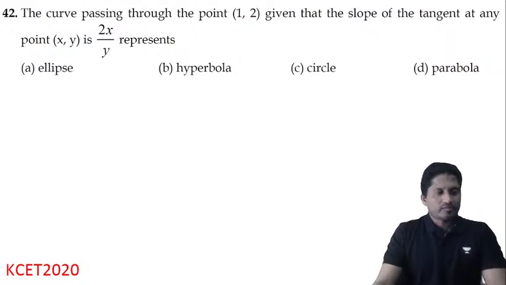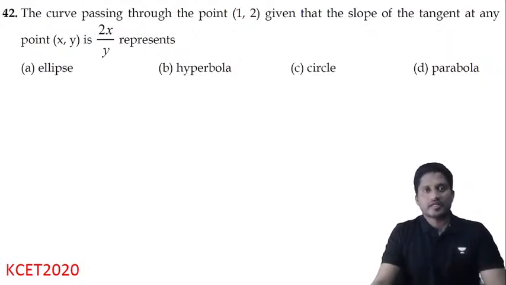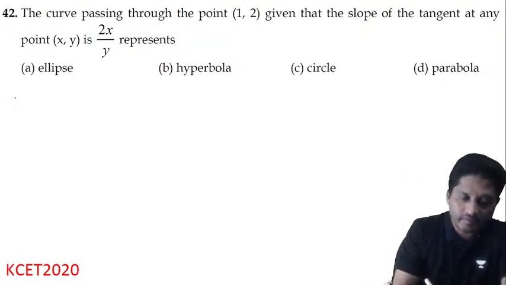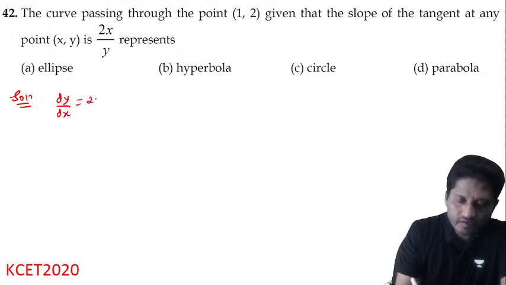The curve passes through the point 1 comma 2. Given that the slope of the tangent at any point x comma y is 2x by y. The slope of the tangent dy by dx is equal to 2x by y. I can write y into dy is equal to 2x into dx.